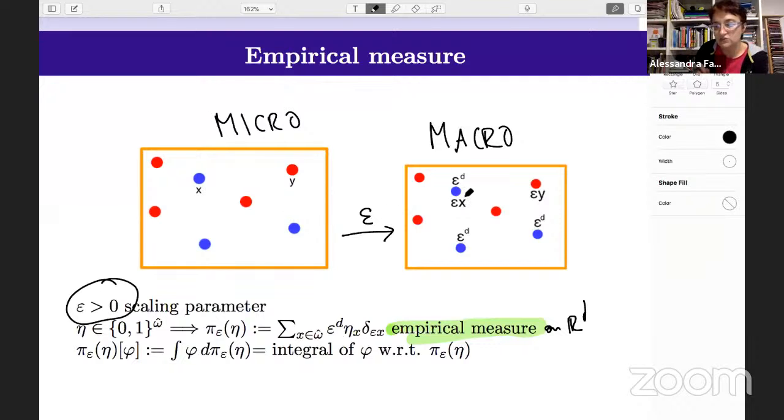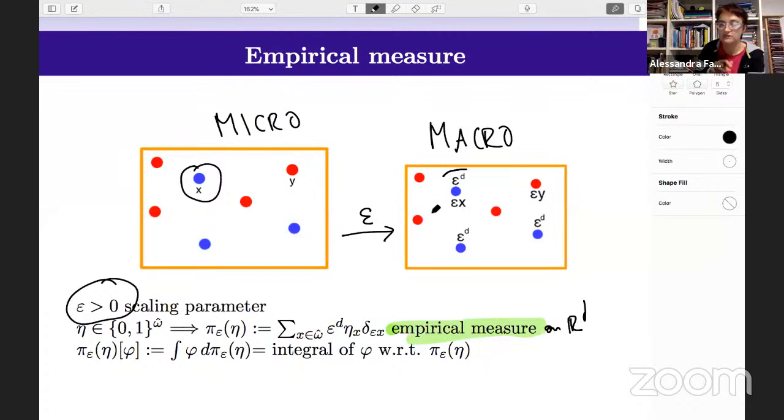You have first to rescale the length by epsilon. So if this is one, then this is epsilon. You rescale length, so point x becomes epsilon x. And then to each particle, so when eta x is equal to 1, you associate a Dirac measure in epsilon x with weight epsilon^d.